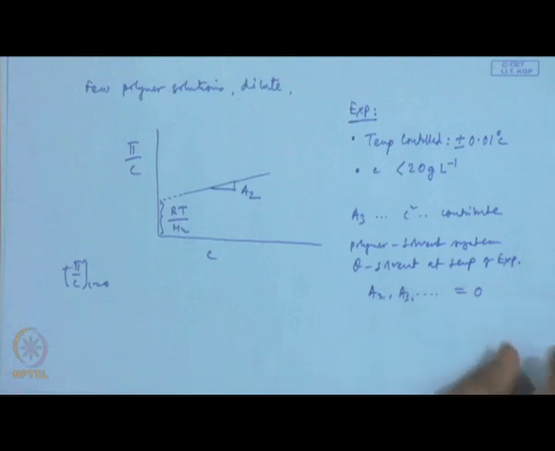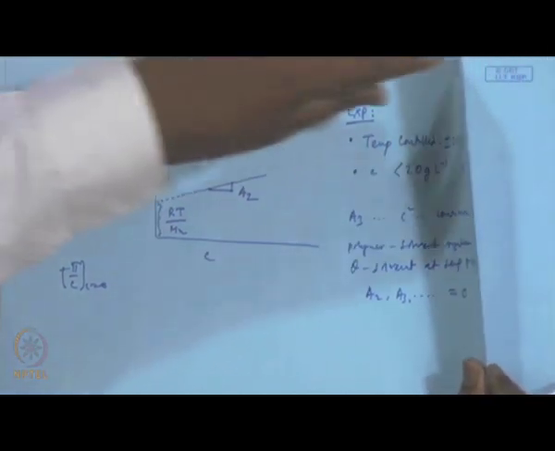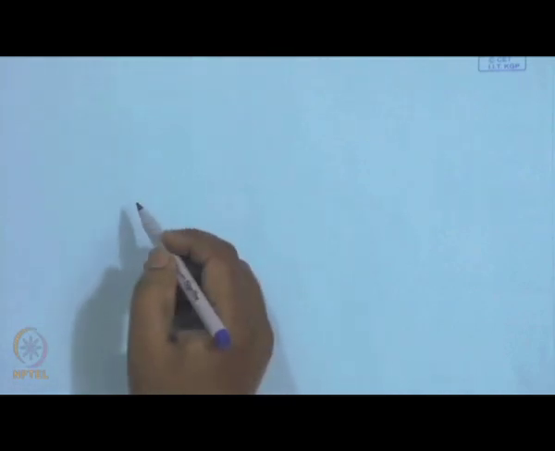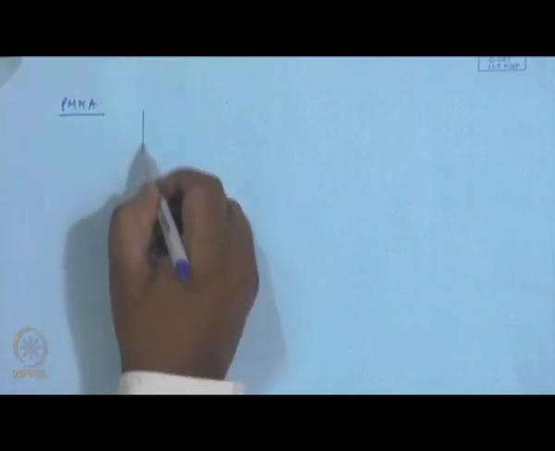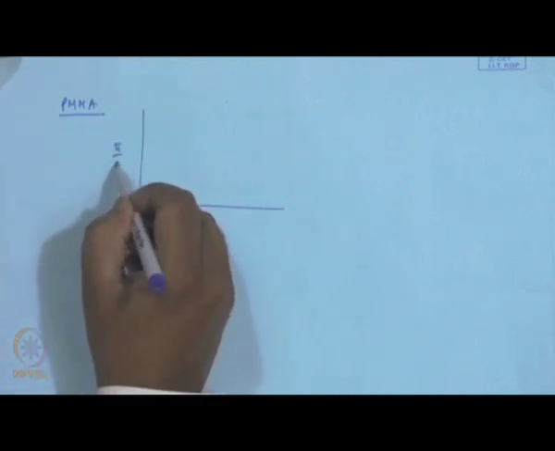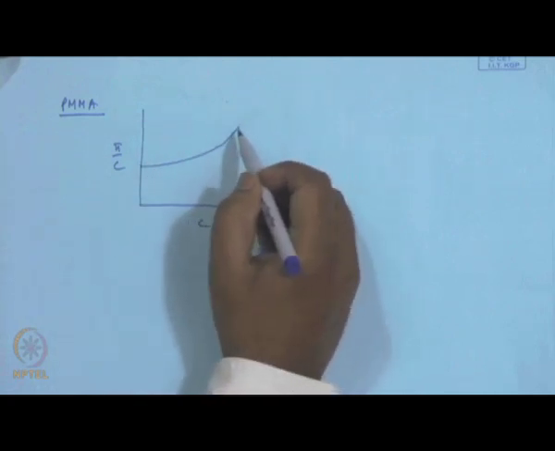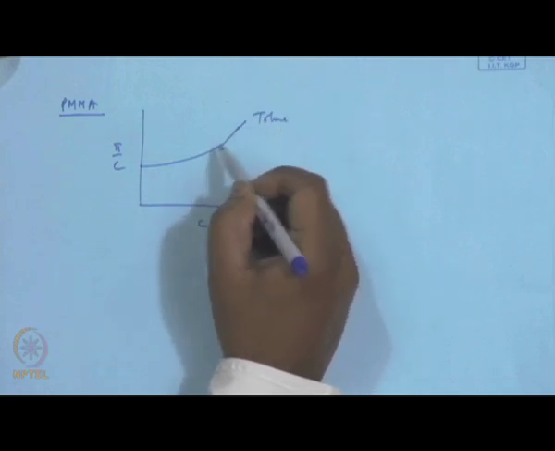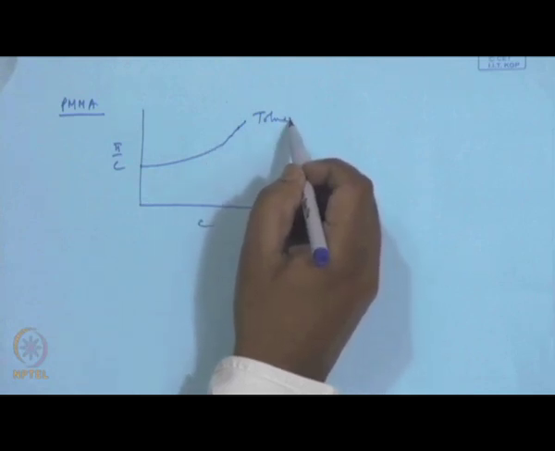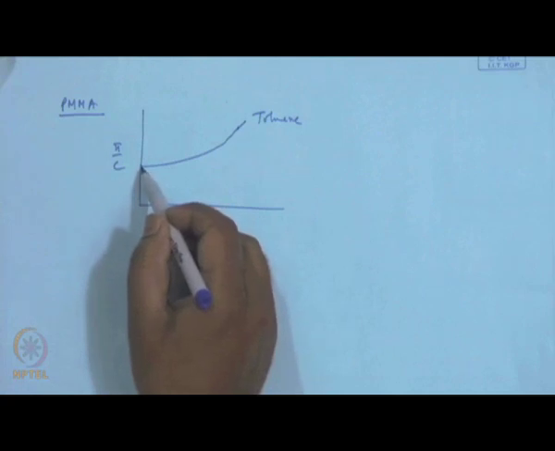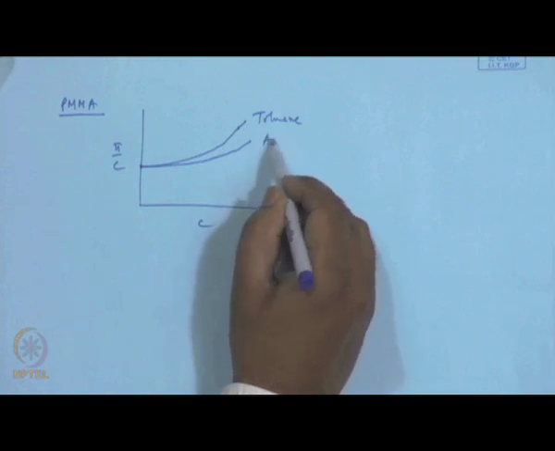This is what happens. For example, for polymethyl methacrylate, PMMA, toluene is a very good solvent. So, we start to get contribution from the A3 term or C square term, and the curve deviates from linearity at high concentration.